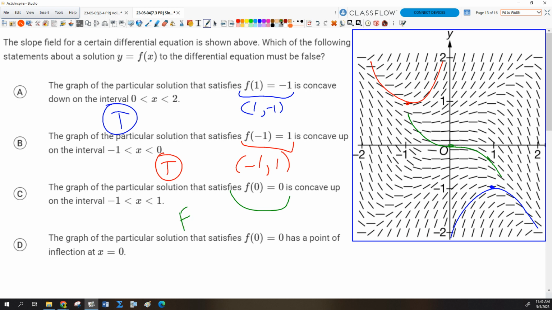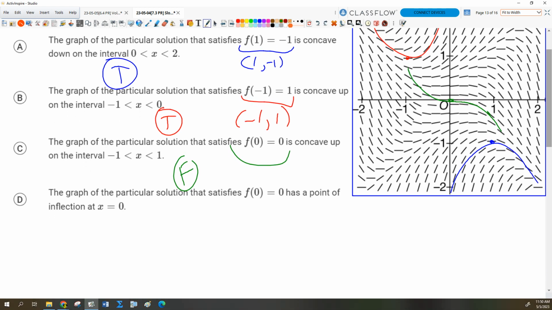So that's false, right? Everybody see that? Concavity is changing there, okay? Concavity must be 0. And then last one, a point of inflection. True, it is a point of inflection. Okay, right? I'm going fast. Any questions on that?